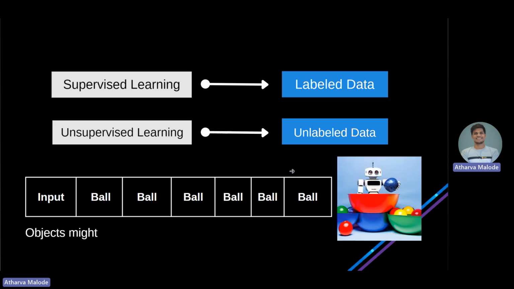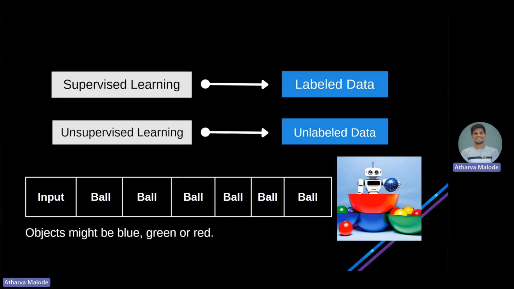But what if I say that there's a pack of balls and you want to identify how many green, blue, and red are there? There is a robot who doesn't know what the colors are. He just knows, okay, there are 25 balls in a bag, and now your machine learning algorithm wants to identify how many are red, green, and blue, right? So the robot doesn't know how yellow looks, how red looks.